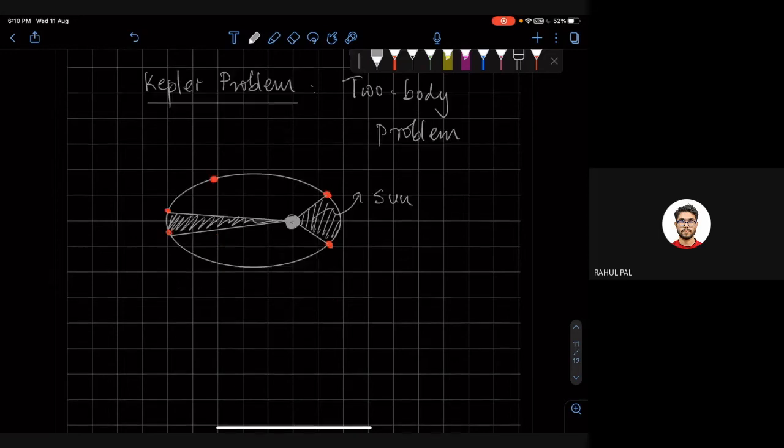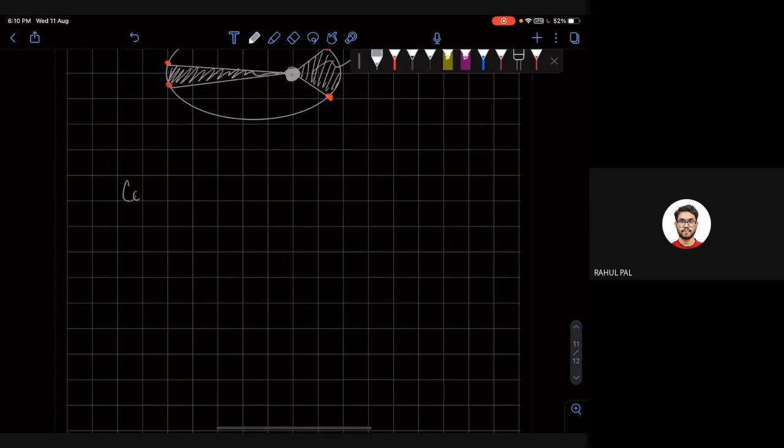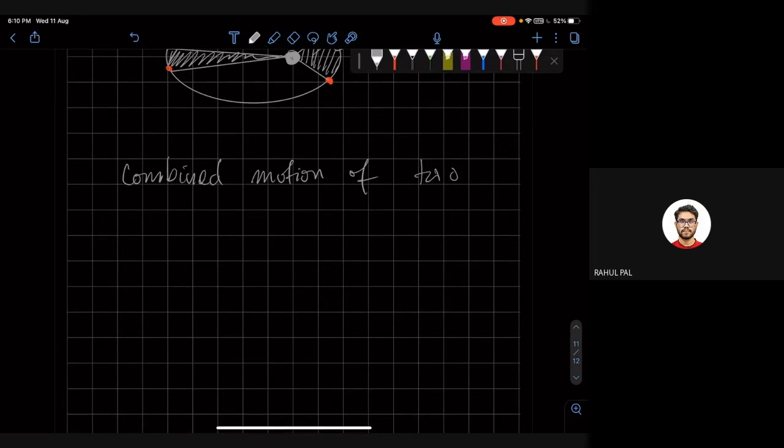But what the Kepler problem tells us is that the combined motion of two bodies or two particles consists of two motions.